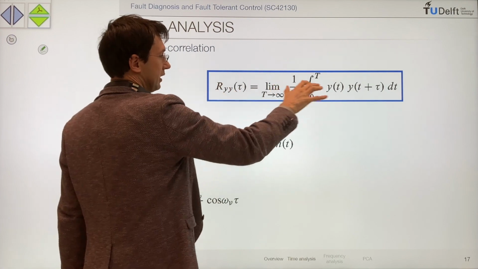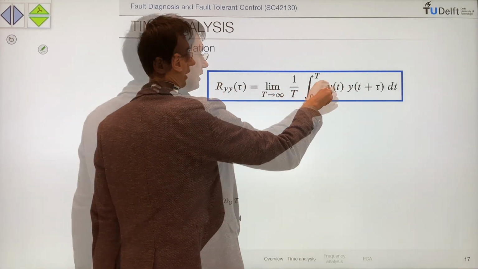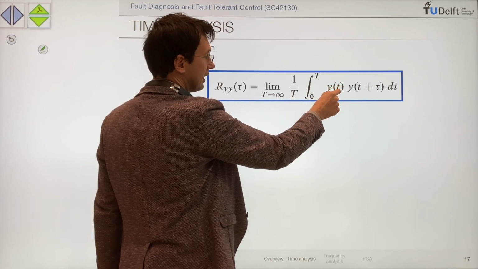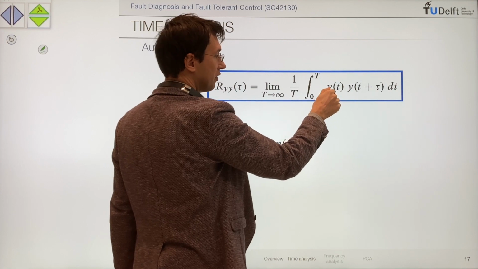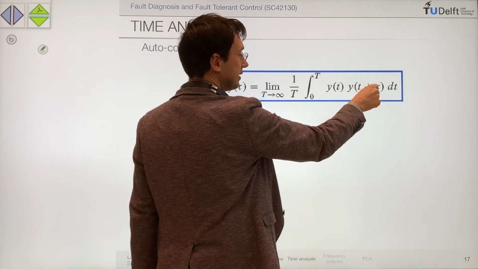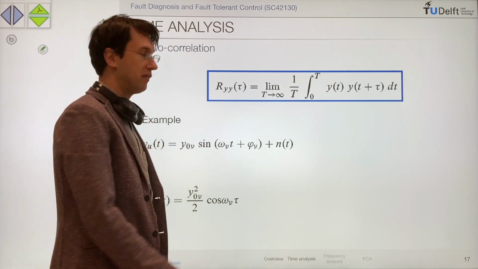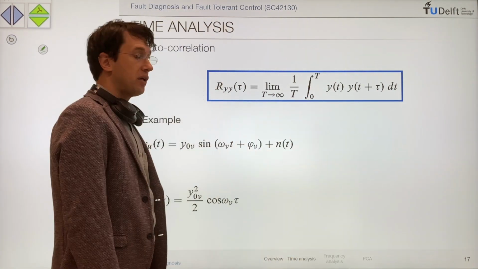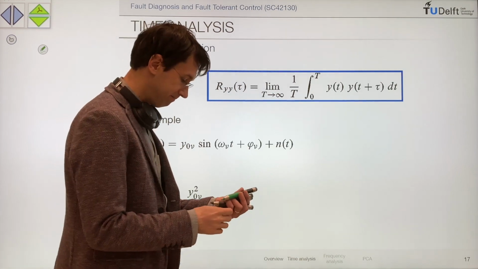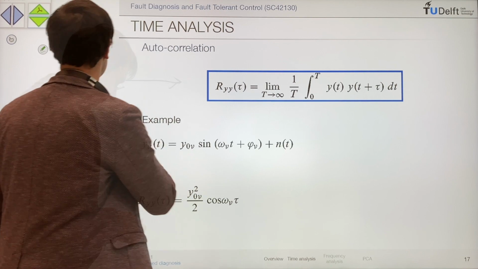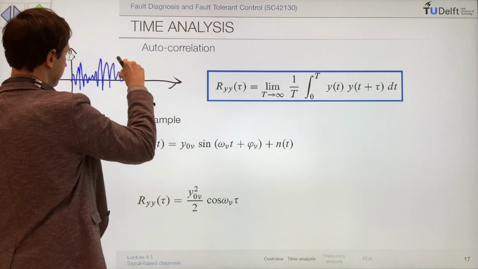So what does it mean here? It means that you are looking at the behavior of the signal at a given point in time versus the behavior of the signal delayed by the value tau, for all possible values of t. If you have a signal that is pure noise, a white noise, let us try to draw a noise signal.